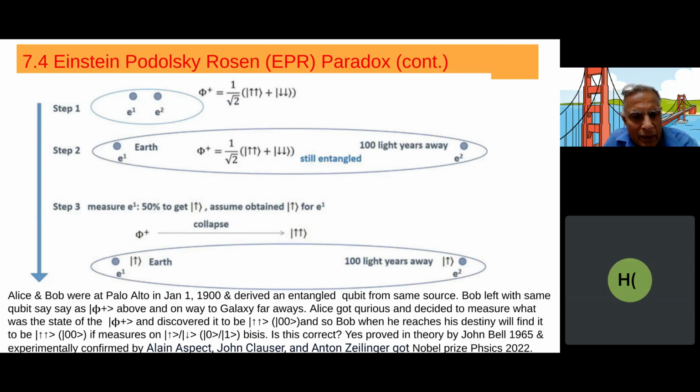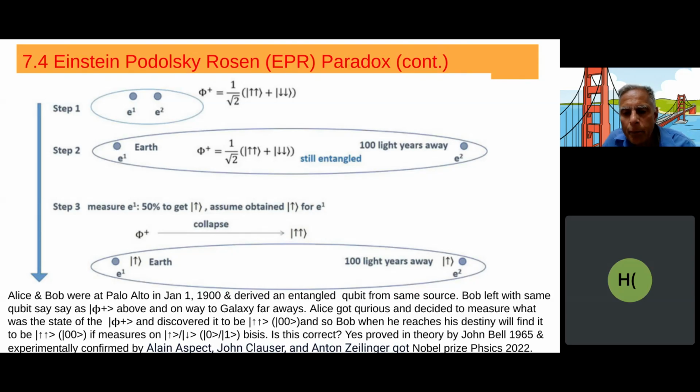So we want to make sure that there is sufficient time. And Alice gets curious, she decides, let me measure what I have. So she measures and finds that she has the state phi plus. She discovers that she has a ket 00.